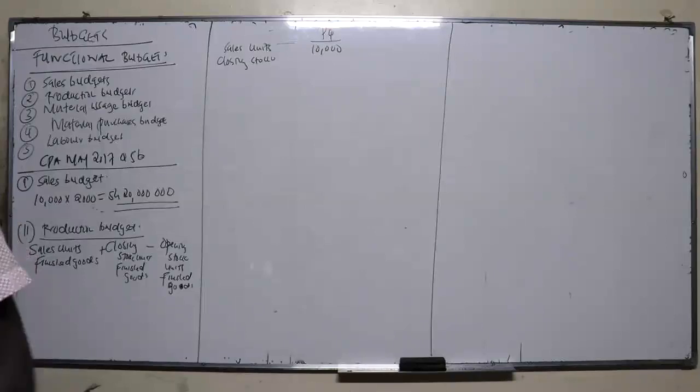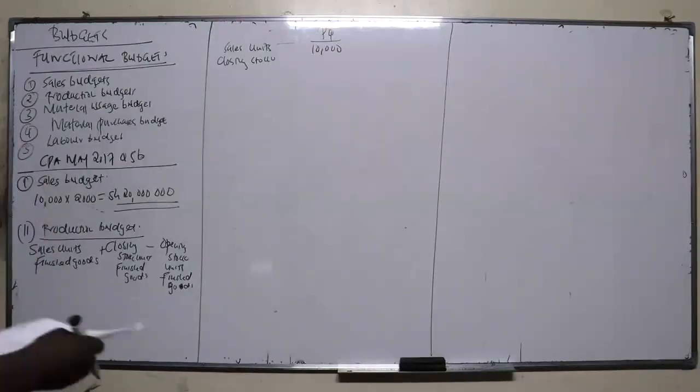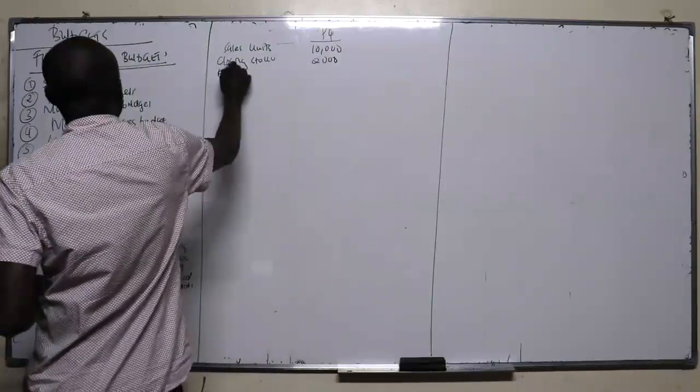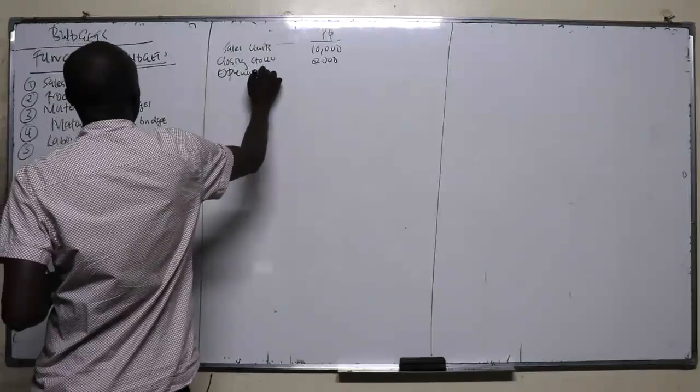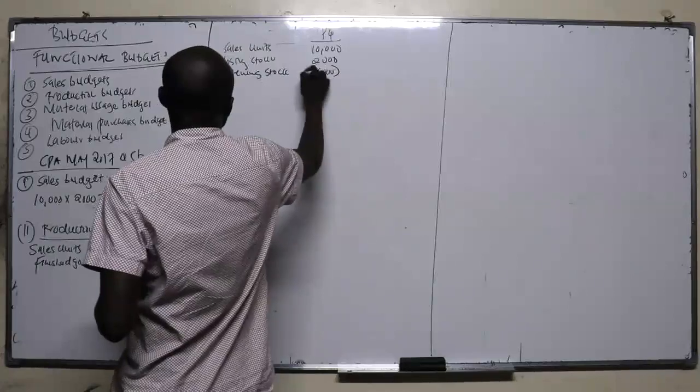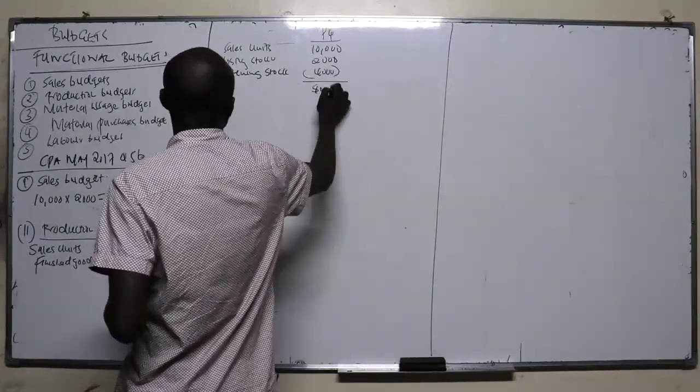The opening stock of finished goods has been given in note number 2, which is 4,000 units. So the closing stock will be how much? 2,000. Then the opening stock is 4,000.